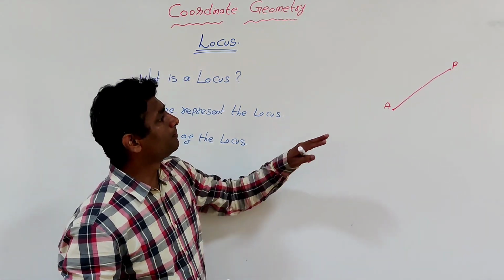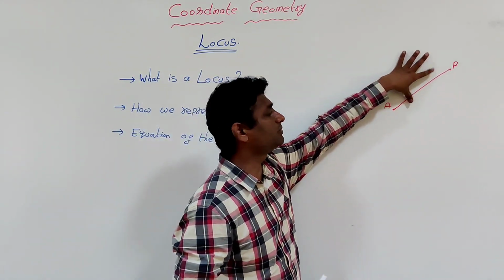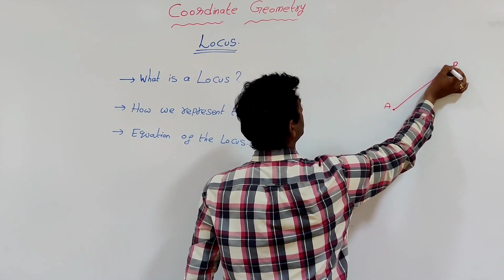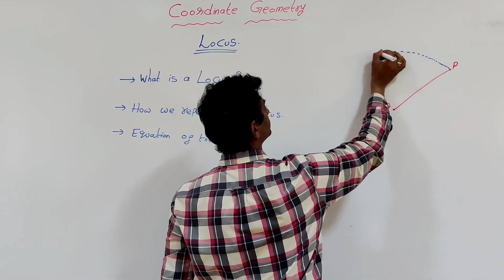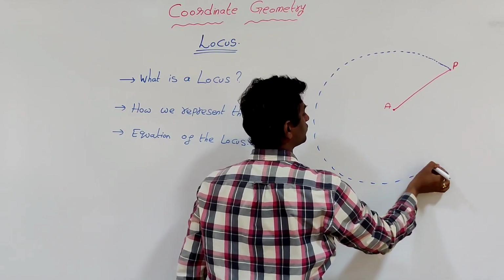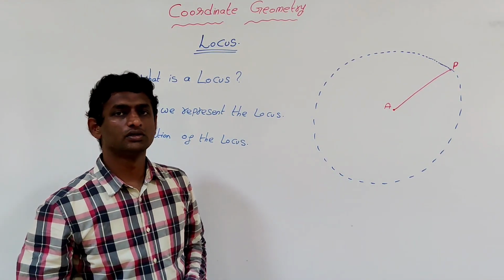Now, move P in such a way that the distance remains the same. So if I move P as a variable point, the distance from A will be the same.